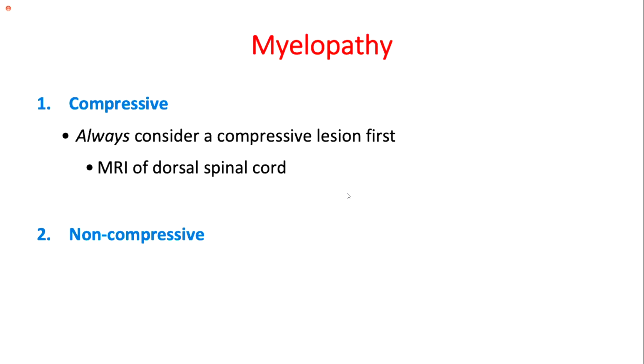Anyone? It would have been easier, you would have known the answer to that question had you had the lecture before this. Because the compressive lesions are common. It is common, you're correct, but that is not the reason. Anyone else? We don't want only the video people to talk, everybody else listening.